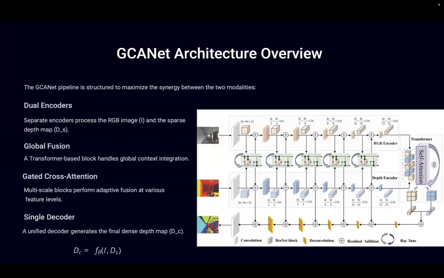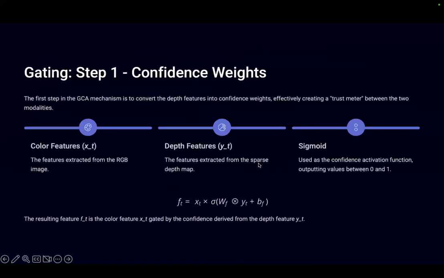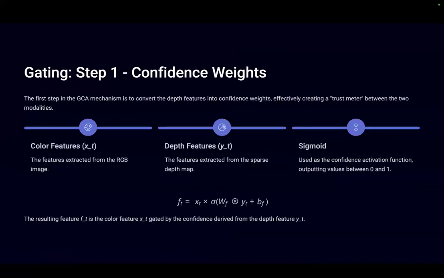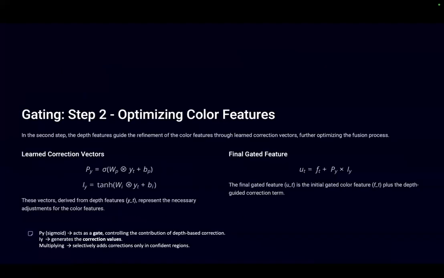So there are two parts over here, the first and the second, the blue and black. We are discussing the first part. We are getting a corrected color feature by using the depth feature. We take the tanh so that we can get the corrected values, and based on that corrected value, we refine our color feature, right?